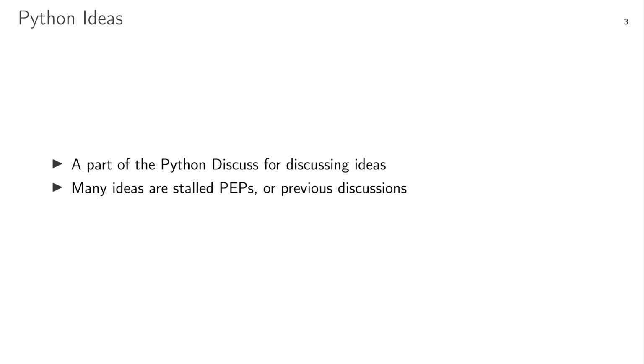There is a public part of the Python community, a public website called Discuss. There is a section of that called Python Ideas. I'm trying to choose my words very carefully here. Python Ideas is a place where ideas go to get schooled.